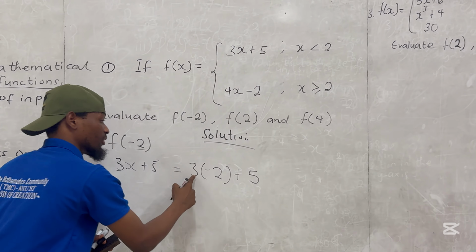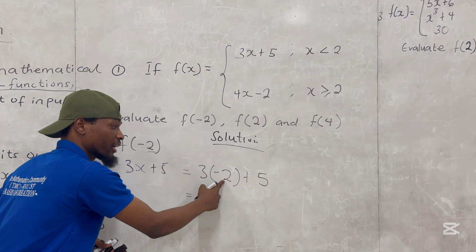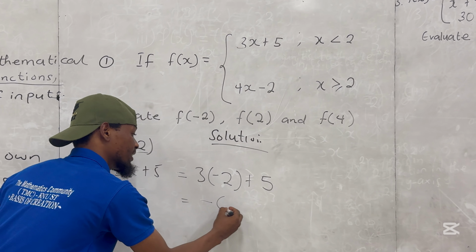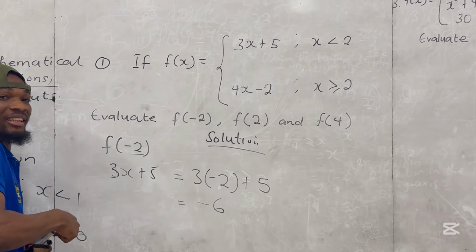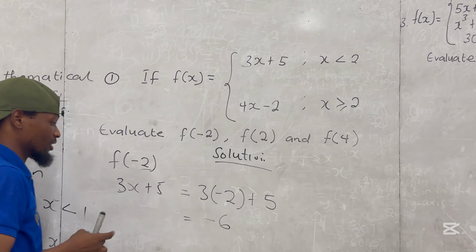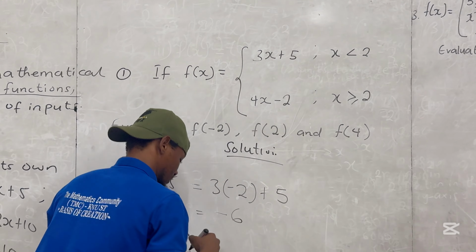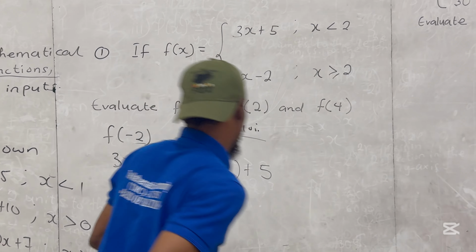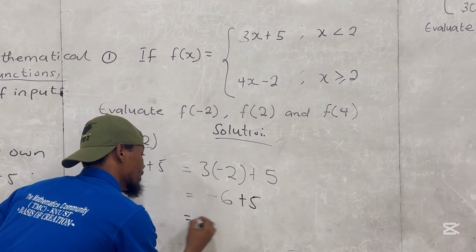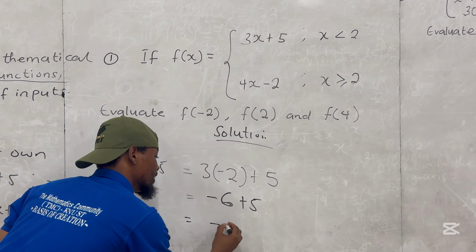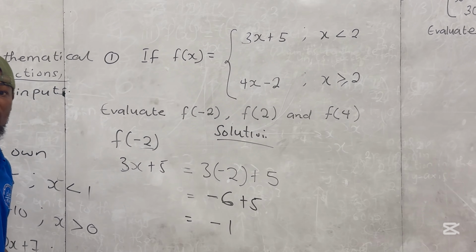So I have 3 by negative 2 is negative 6. Then plus 5. So the answer gives negative 1. As simple as that.